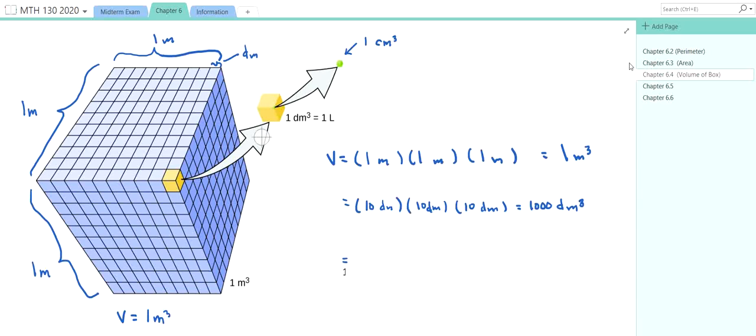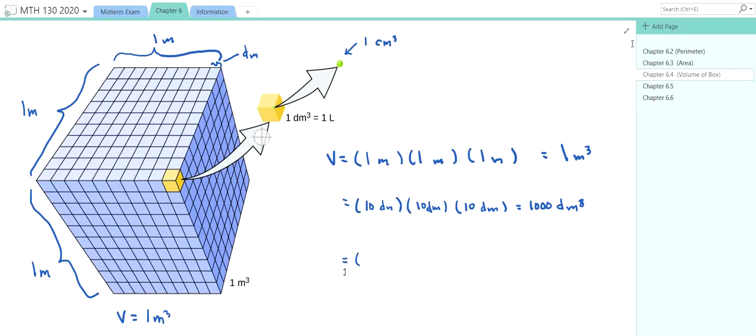And there are, think of this, 10 by 10 centimeters. Okay, so there are, in 1 decimeter, this yellowish orange block over here, there are 10 by 10 by 10 centimeters.